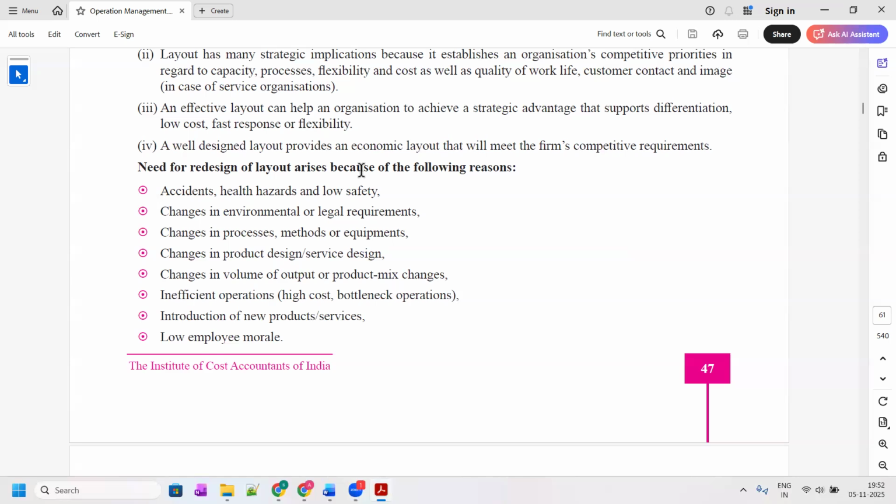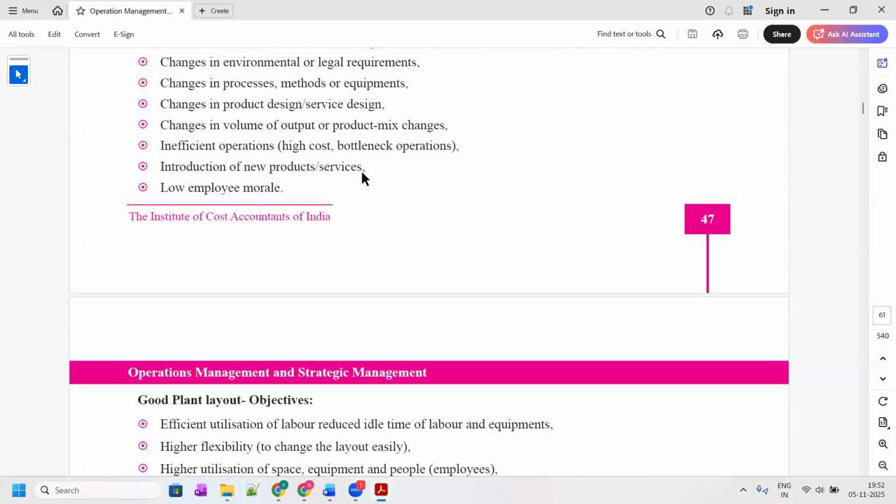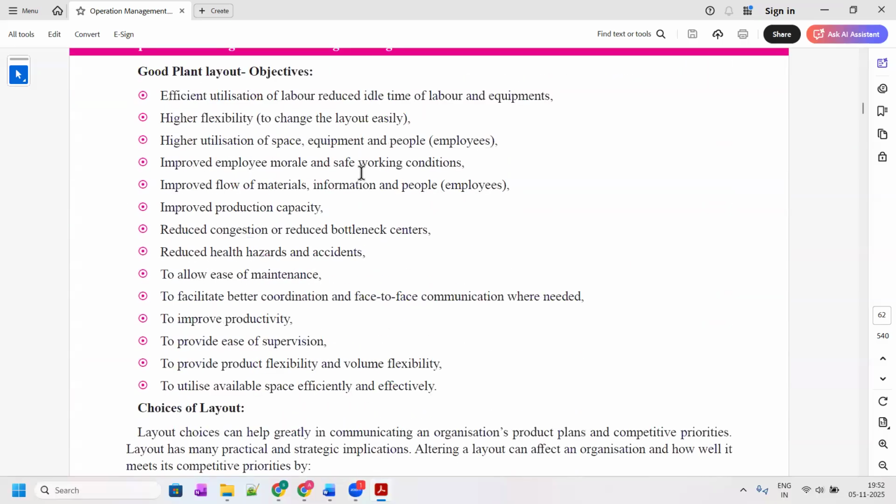And if we feel that the layout is affecting the morale, confidence, or motivation of the employees, or if we are coming with a new product or service that requires a new way of layout, then again the layout needs to be worked on.